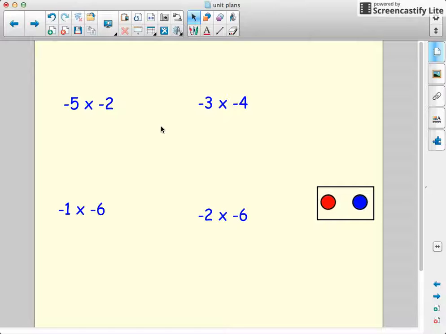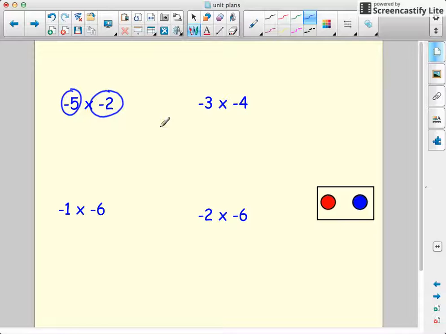This one is the harder one when I have a negative times a negative. Okay, so what I'm going to say is I'm going to be removing a group. That's going to be considered one of the negatives. Removing a group of a negative. So this first one, I'm going to be removing 5 groups, taking away 5 groups of -2 in each group. So what I have to do is I actually have to add 0 pairs to this so that I can do that.